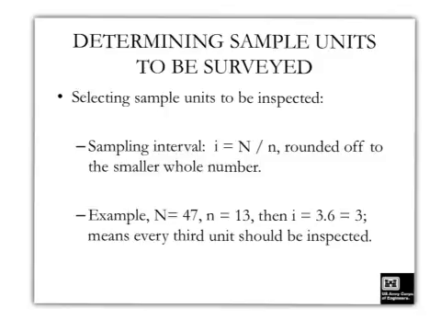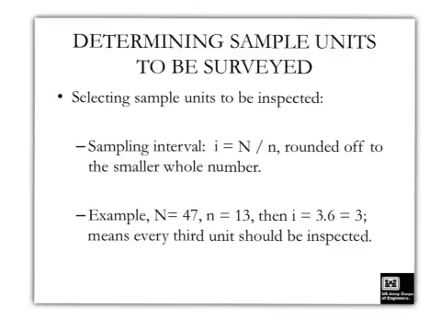For example, let's say I have a section that has 47 sampling units, and I decided to inspect 13 sample units. Therefore the sampling interval i is 3.6.